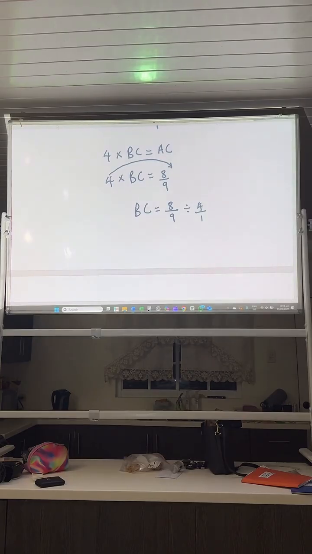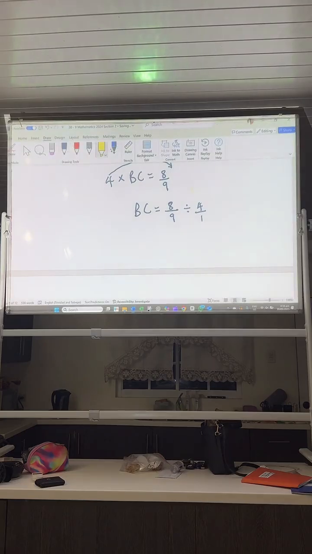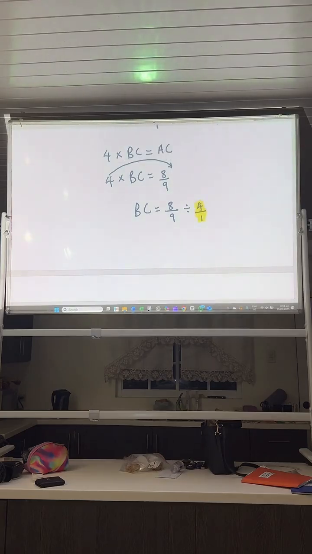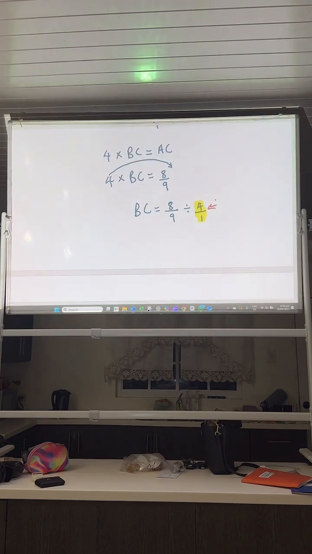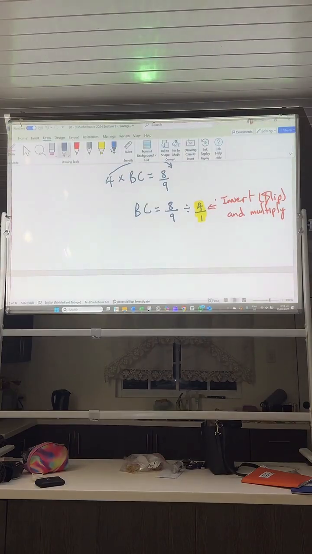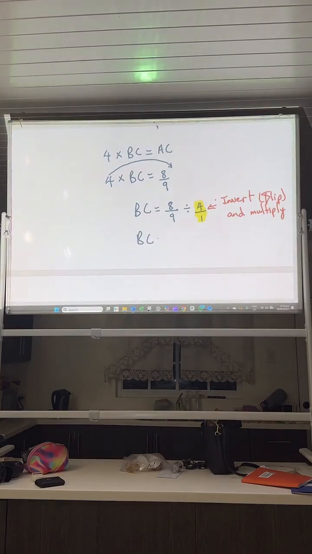We are inverting the fraction that we are dividing by, which means to flip and multiply. So BC is equal to 8 over 9 multiplied by 1 over 4.